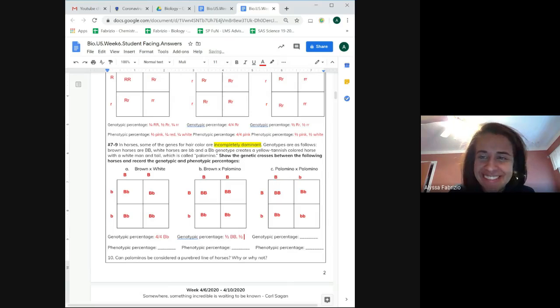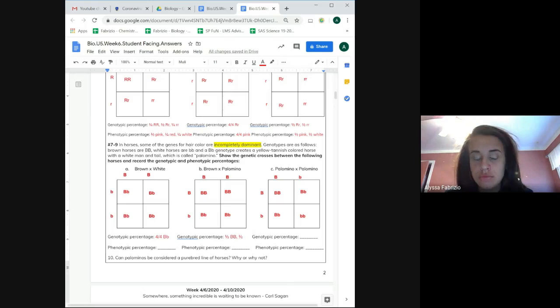And then the other half are going to be recessive, because they've got one capital B and one lowercase b. What does that mean? Are they going to be the same? Heterozygous dominant, right? Yep.